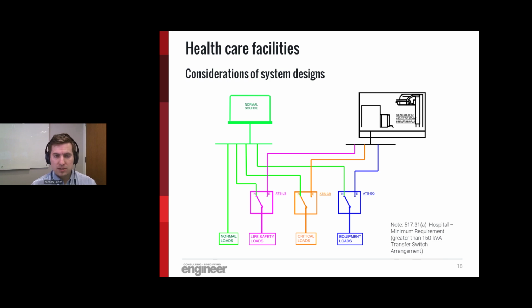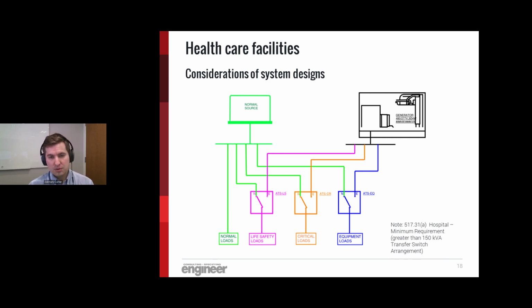So taking it from the colors, the green is showing our normal source, where the normal local utility power would come in, and then if those were to be lost, we transfer to the life safety, critical, and equipment branches. The pink, the life safety loads, can be defined as the egress illumination, fire alarms, emergency communication systems, elevator cab lighting, automatic doors.